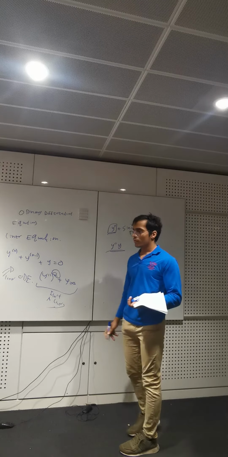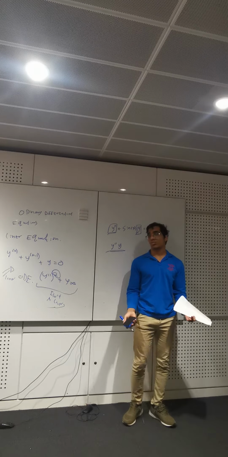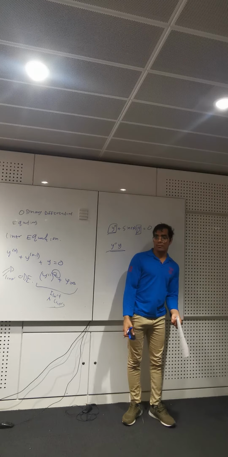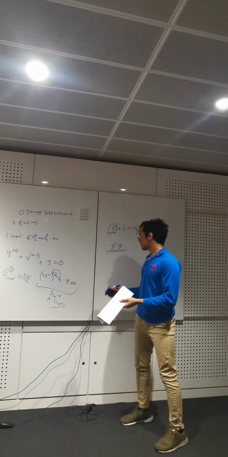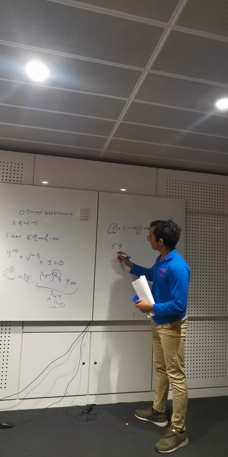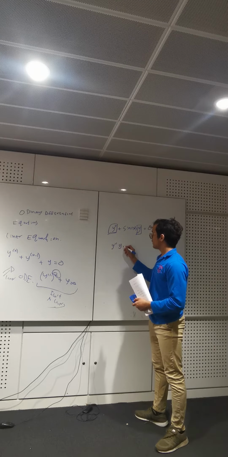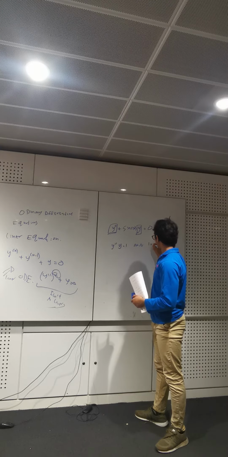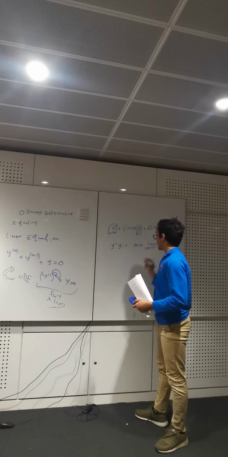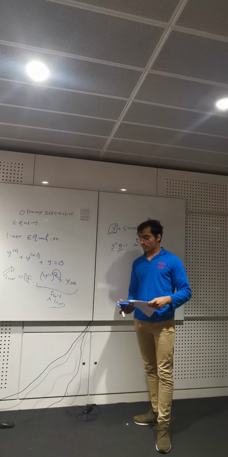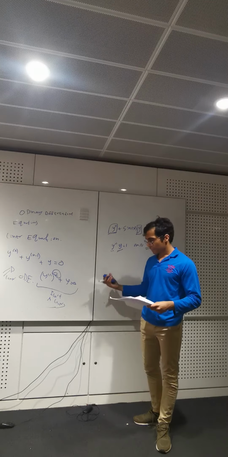There's no product of y and anything that relates to y, no product between y and the second derivative of y or the third derivative of y. So let's see what I'm talking about: y double prime times y equal to 1. This is nonlinear because we have a product of the second derivative of y and y.